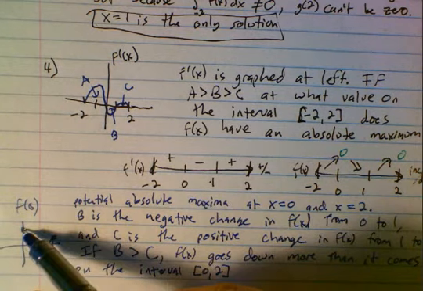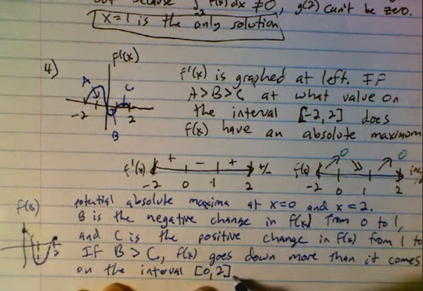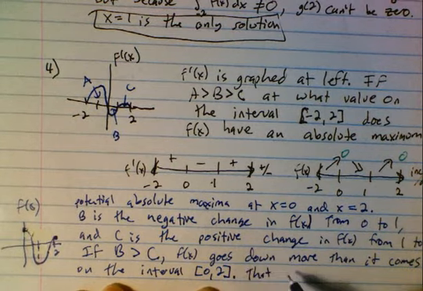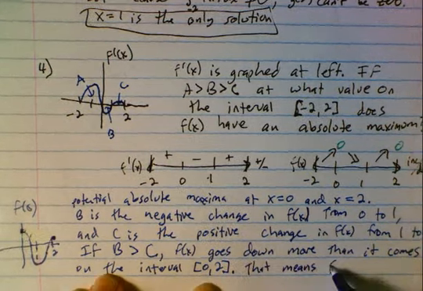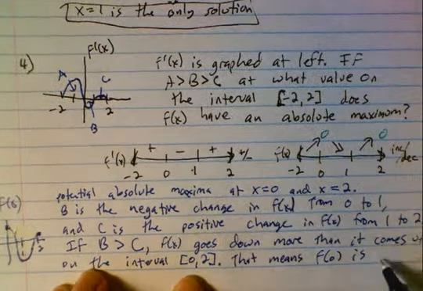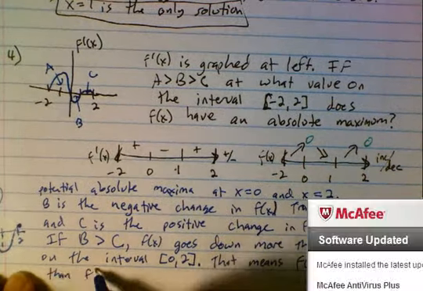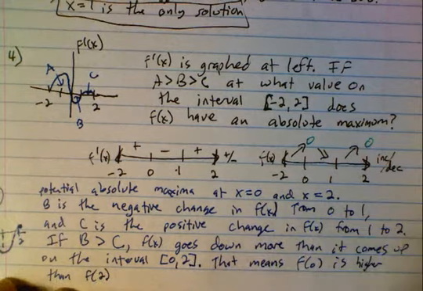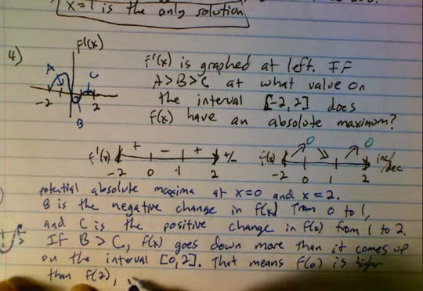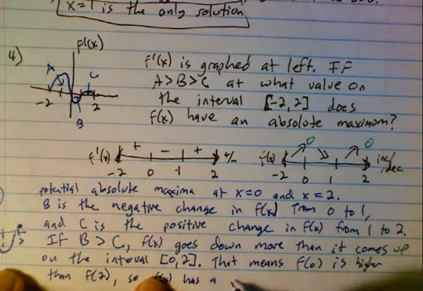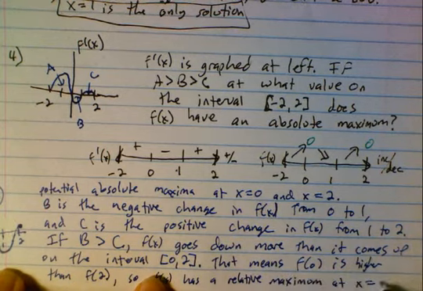So that means that f of 0 is higher than f of 2. So f of x has a relative maximum at x equals 0.